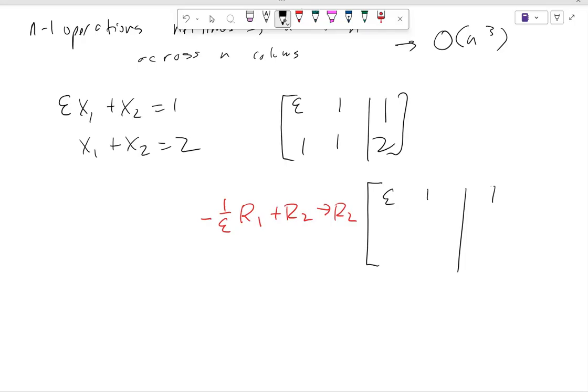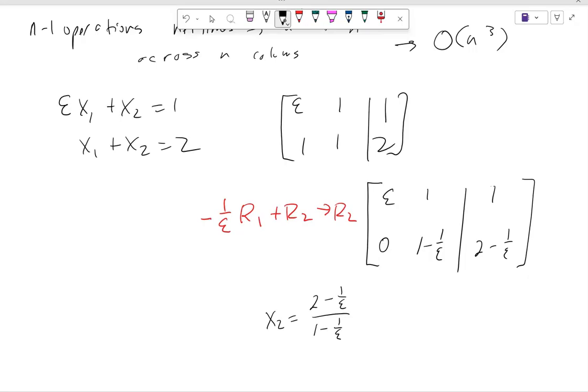Here I would get 0, 1 minus 1 over epsilon, 2 minus 1 over epsilon. And then what did we do? We solved. We said that x2 was equal to the 2 minus 1 over epsilon over 1 minus 1 over epsilon.